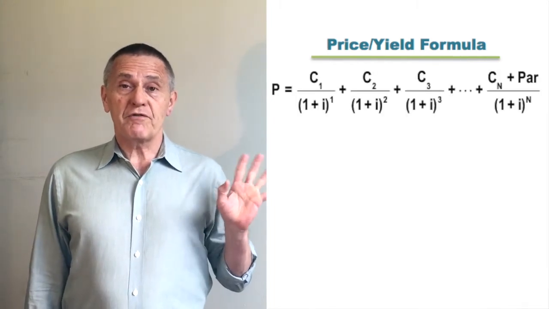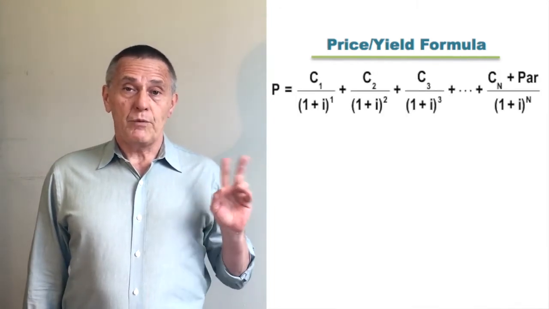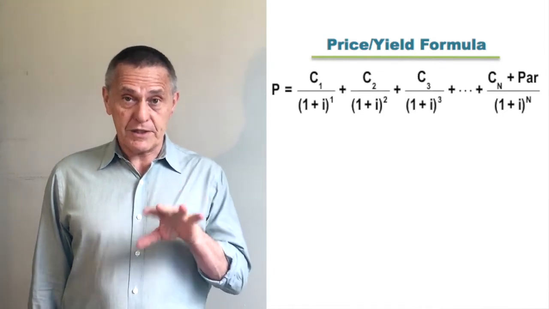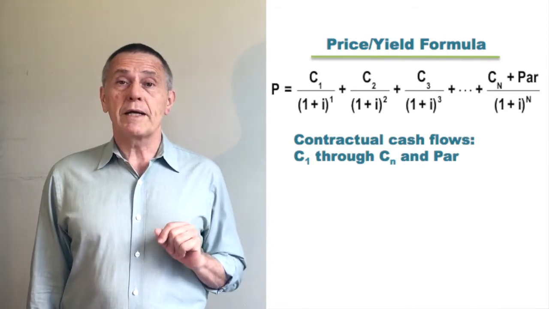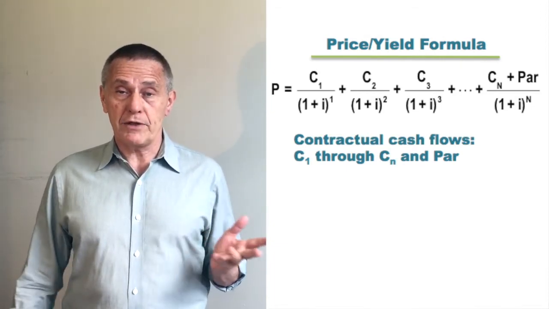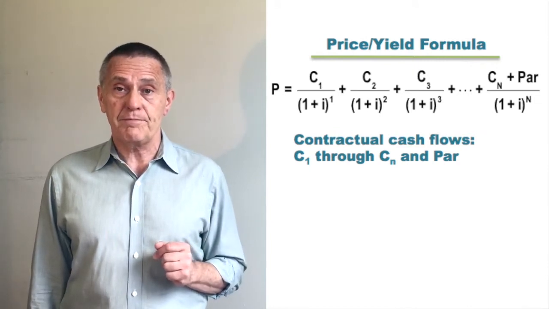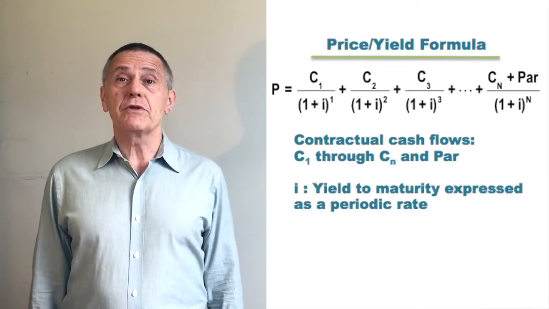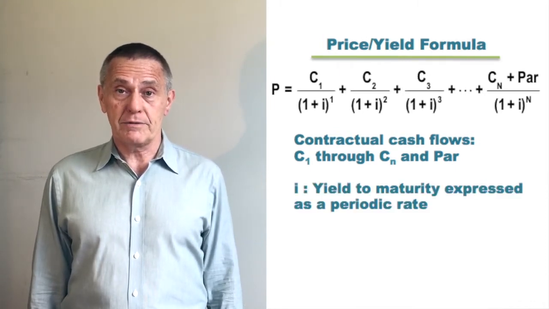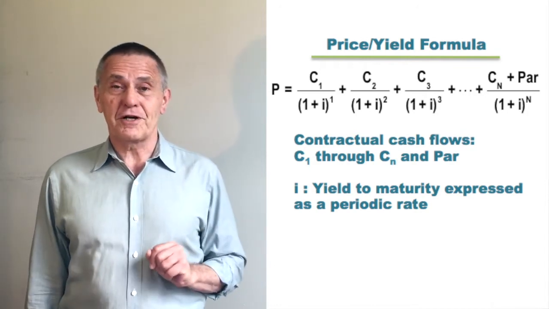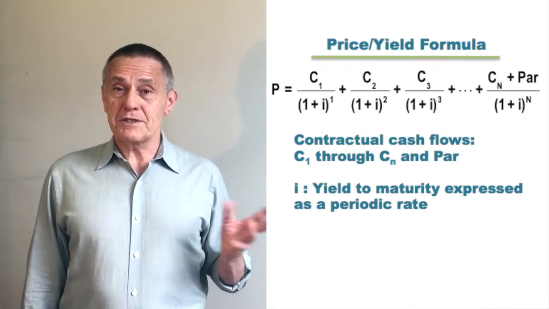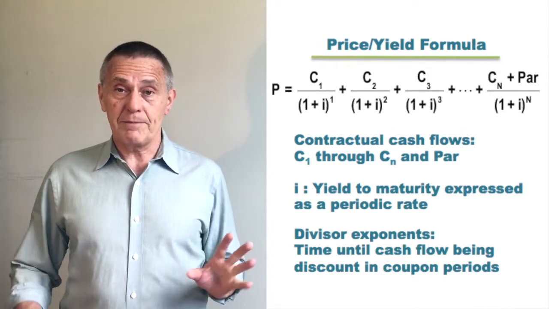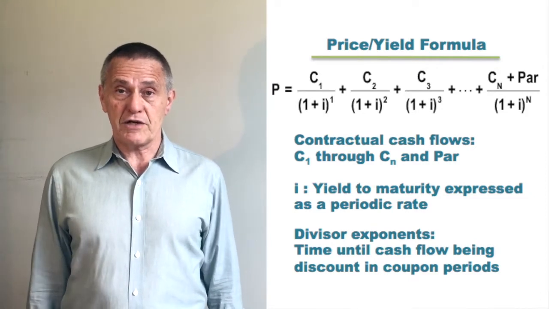It is shown in generic form to my left, and what that formula says is the price is the present value of the future cash flows, that is the contractual cash flows, the coupon and principal payments due the bondholder by the terms of the contract over the life of the security, where the present value of those cash flows is found by discounting them by the yield to maturity expressed as a periodic rate, that's the I in the divisor there, or each 1 plus I, 1 plus the yield to maturity expressed as a periodic rate, is raised to a power that reflects the amount of time until the due date of that contractual cash flow.